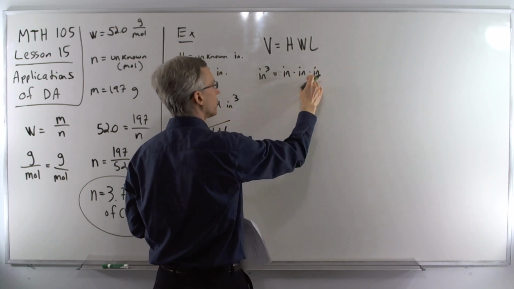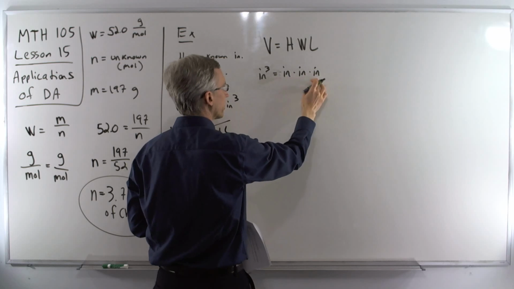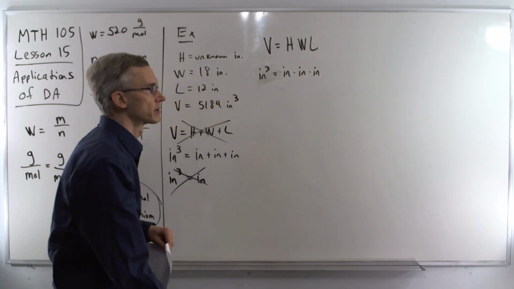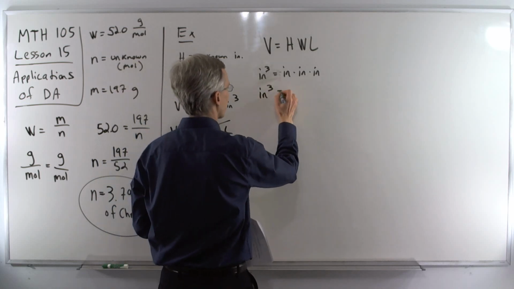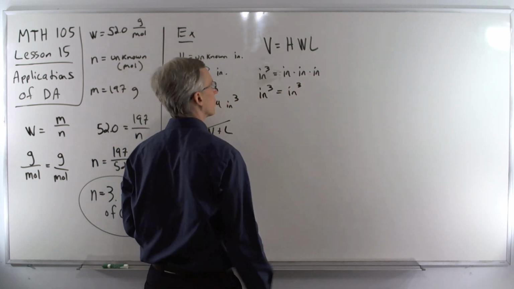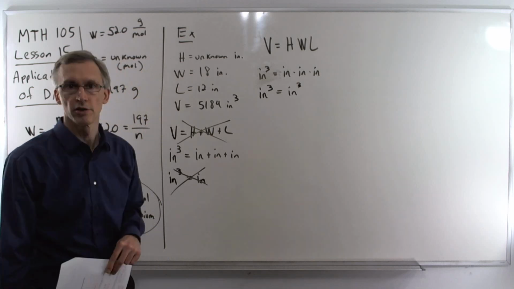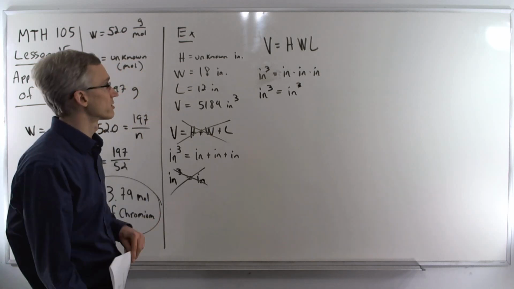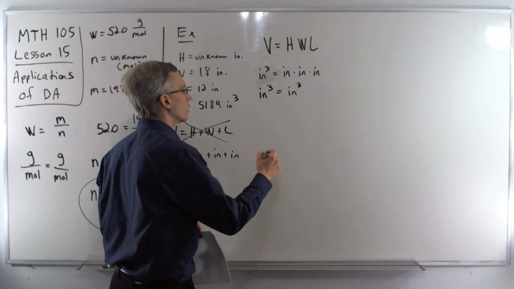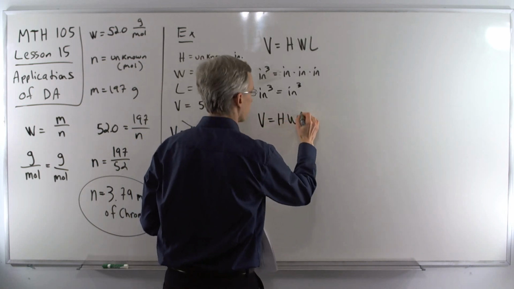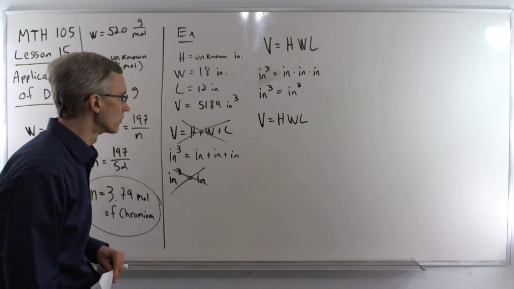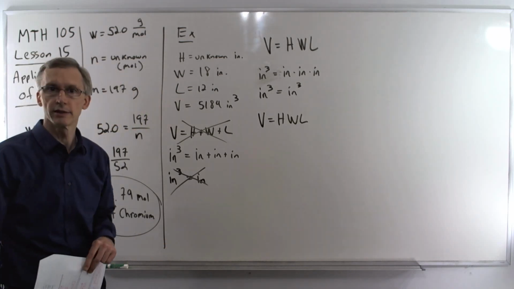So we've got a quantity multiplied 3 times, so that's to the third power. Inches to the third equals inches to the third. So there's our formula. Once you get a match, then you know you got the correct formula. So volume equals height times width times length.